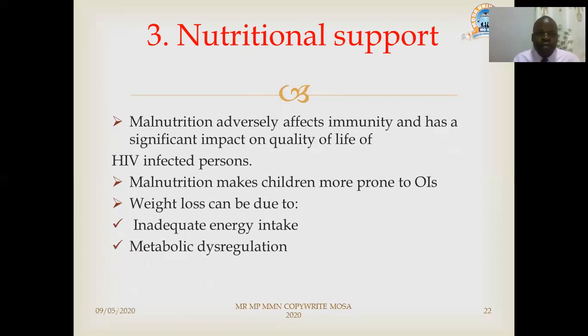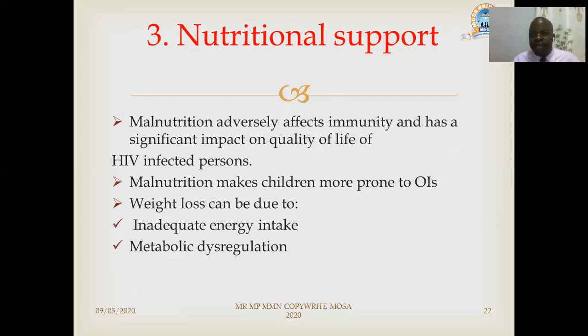The other principle that we have to consider when we are managing opportunistic infections is nutritional support. Malnutrition adversely affects immunity and has a significant impact on the quality of life of HIV-infected persons.